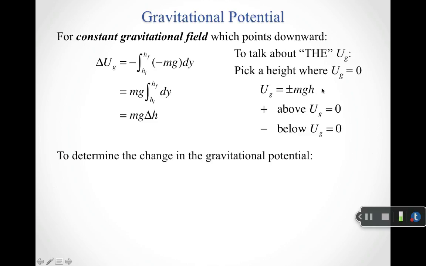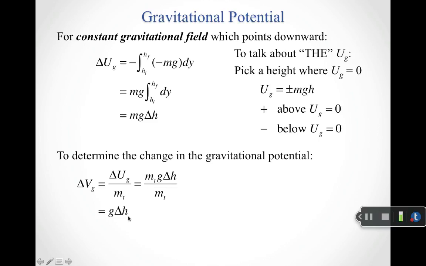If I want to talk about the change in the gravitational potential within this constant gravitational field that points downward, the easiest way to deal with this is just say, okay, it's just the change in the gravitational potential energy, but divide out the test mass. And here is my test mass. This is the mass that I've placed in the gravitational field caused by my source mass.